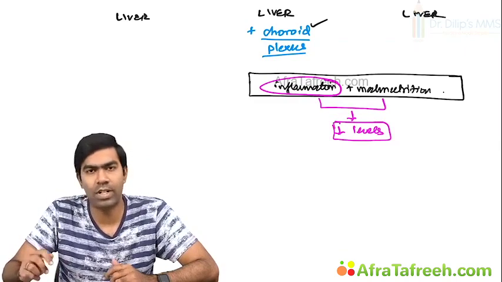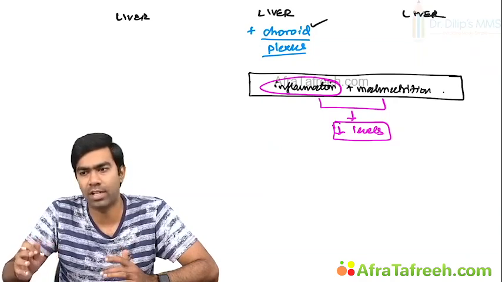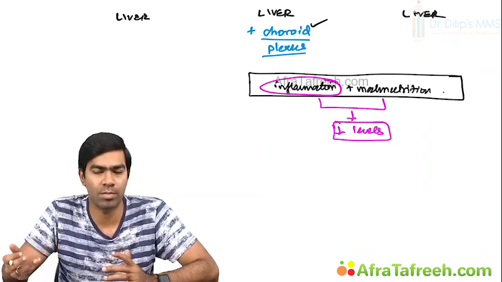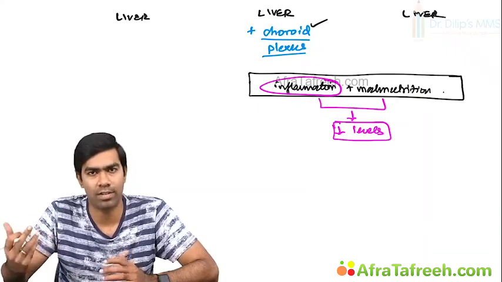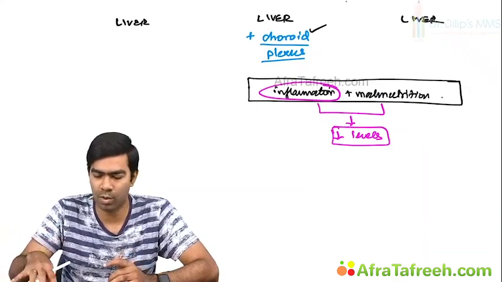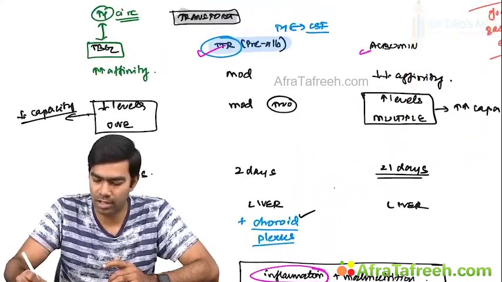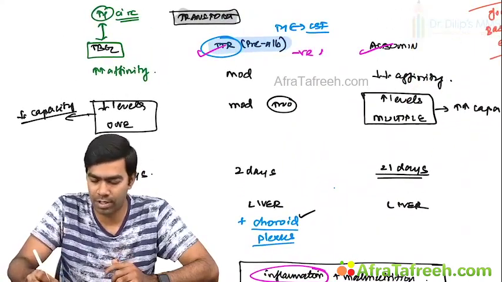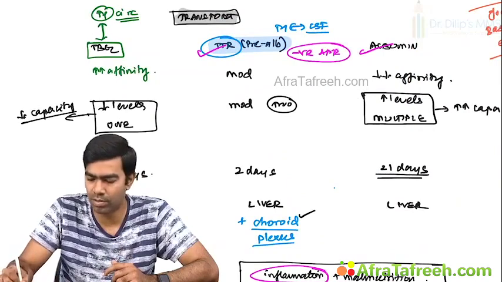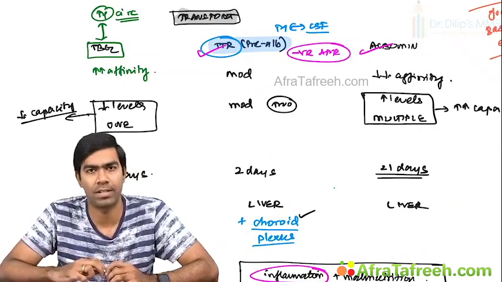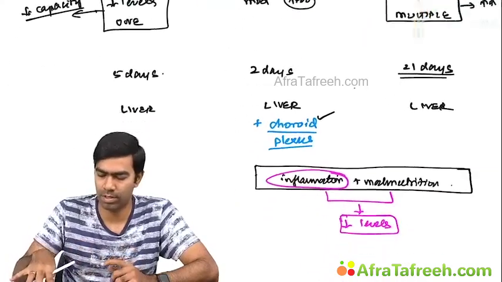Why? Because in the hematology section, in the acute phase reactants, in the innate immunity section in the humoral part, I have given a list of acute phase reactants. In that I would have told albumin and TTR as negative acute phase reactants, which means their levels are going to decline in inflammatory states, especially in chronic inflammation.